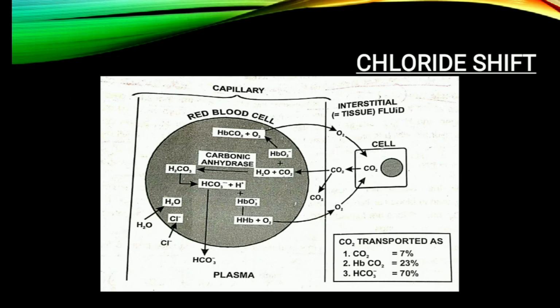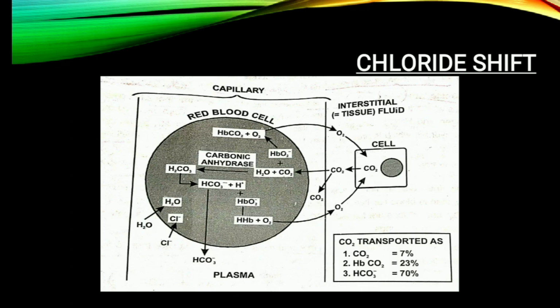The exchange between bicarbonate ions and chloride ions is called the chloride shift and the Hamburger phenomenon. The bicarbonate ions diffuse out into the plasma and the chloride ions enter into the RBCs at the level of tissues. This is known as the chloride shift as already mentioned.